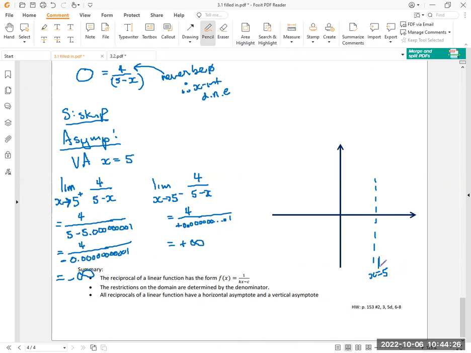So it's going to be somewhere here. And if I'm to the left of 5, it's going to be a positive infinity. So it's going to be somewhere there. So it's a clue. All the other things gave you good clues, but this is another clue that will help you graph accurately.